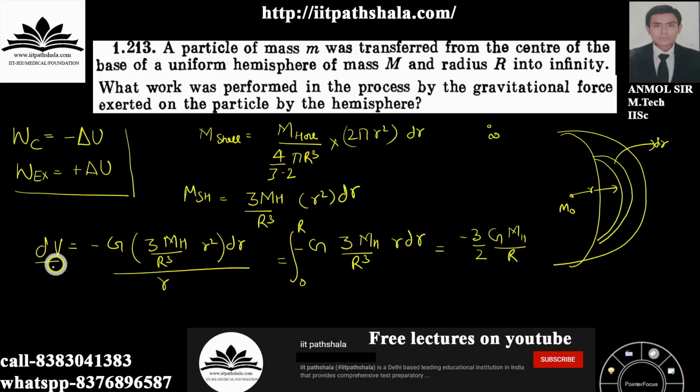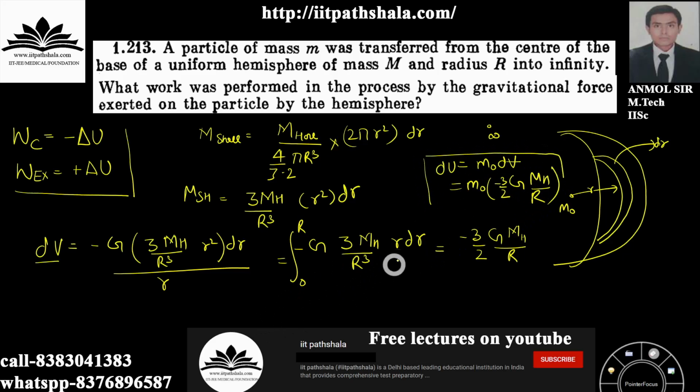Now this is the potential. You want to find the potential energy, just multiply it by the test mass itself. You know that potential energy is nothing but test mass multiplied by your potential. So I have m naught times minus 3 by 2 G M_h upon R. Okay, that's my potential. Now this is the potential for this particular solid hemisphere, the complete potential at the center itself.